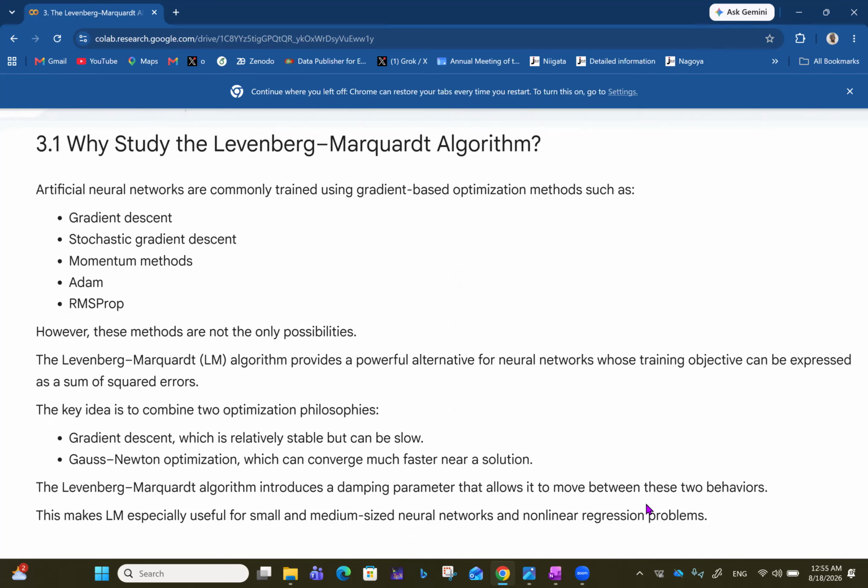So the LM algorithm is something between gradient descent and the Gauss-Newton optimization, and it does that with the help of a damping parameter. This makes LM especially useful for small and medium-sized neural networks and nonlinear regression problems. So if it is not small or medium-sized, LM may not work. That's necessarily what we are talking about here.